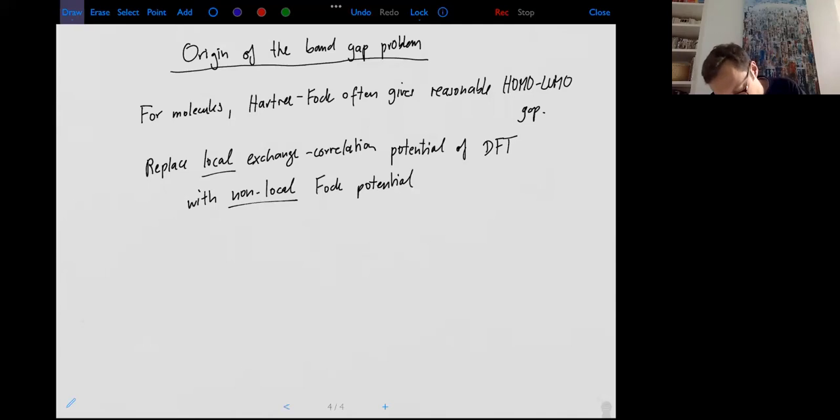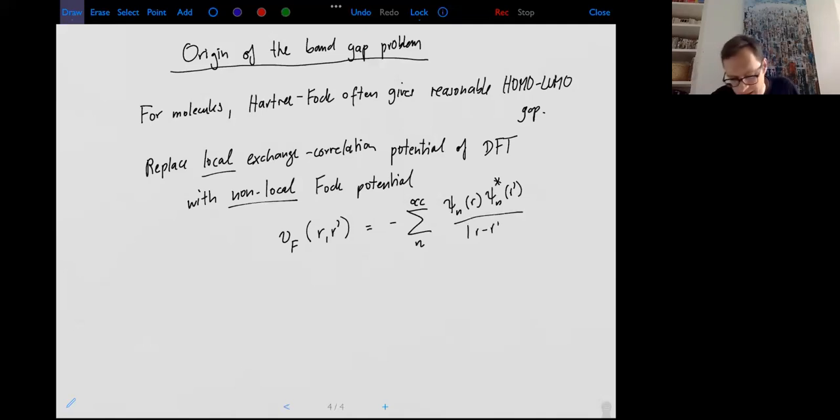This Fock potential is non-local, so it depends on two positions, r and r prime, and it is given by this. We sum over all the occupied orbitals, and we have something like this. That is the exact exchange, or Fock potential.